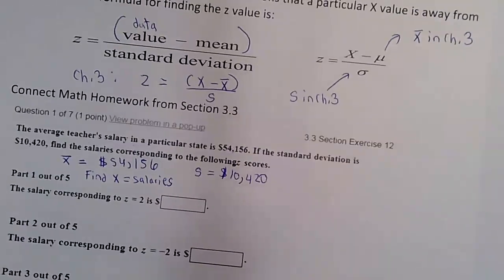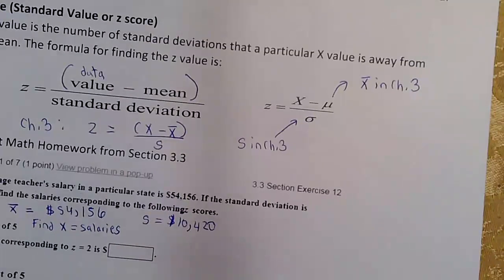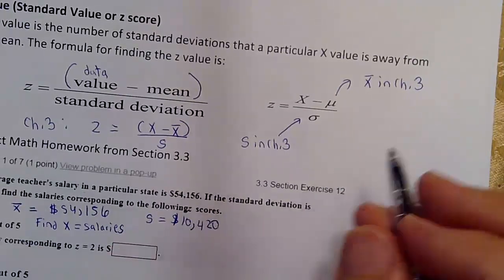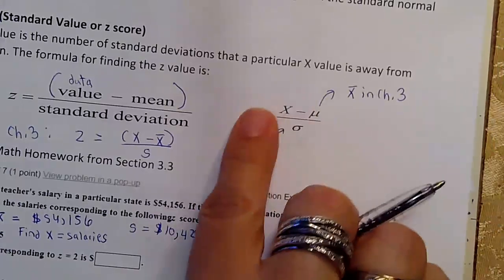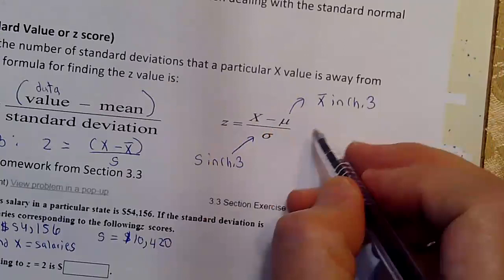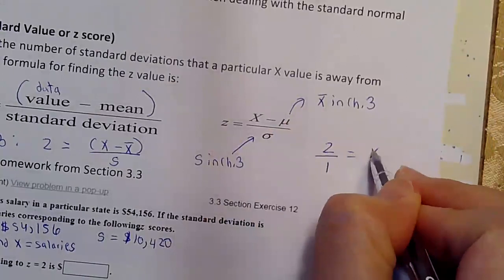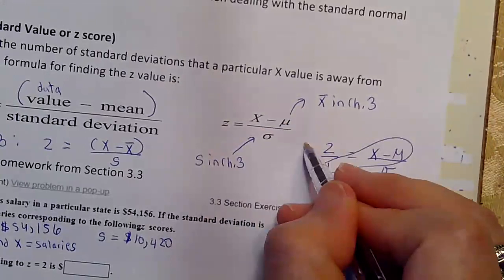So I'm going to work out this problem, but when we do chapter 6, section 2, we're going to be working with applications, and we're going to be using this variation of this formula also. And what I'm going to do is I'm going to actually solve this proportion for x here. So I could put this over 1, and then I could cross multiply.